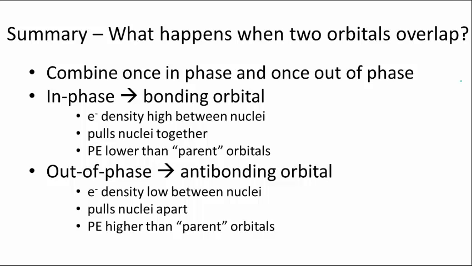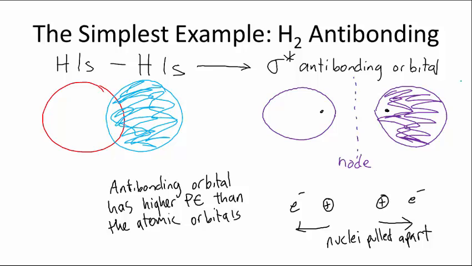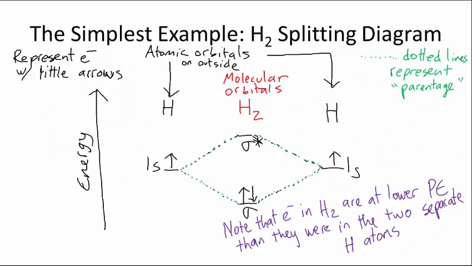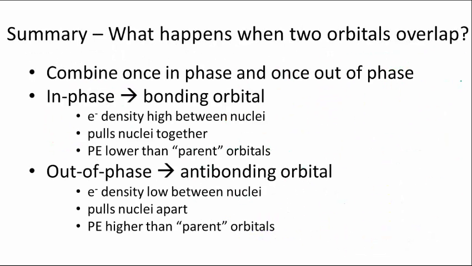And if you're watching this, you don't necessarily need to copy all this down because these are all things that are written on the previous slides. But if you want to have a summary in one place, then you can copy it. So you make a bonding orbital that pulls the nuclei together. The potential energy is lower than the parent atomic orbitals. And when you overlap them out of phase, you make an antibonding orbital where the electron density is low between the two nuclei.